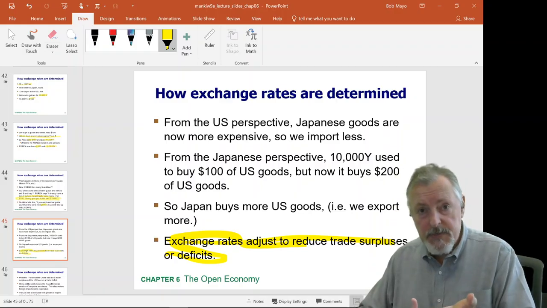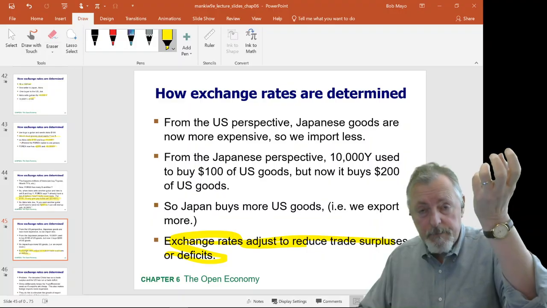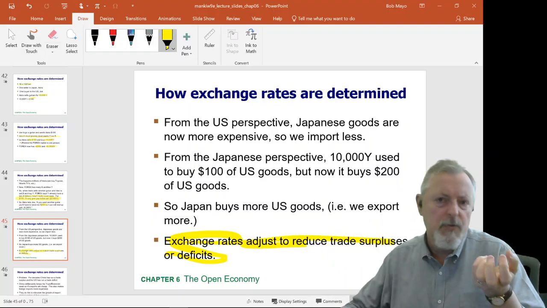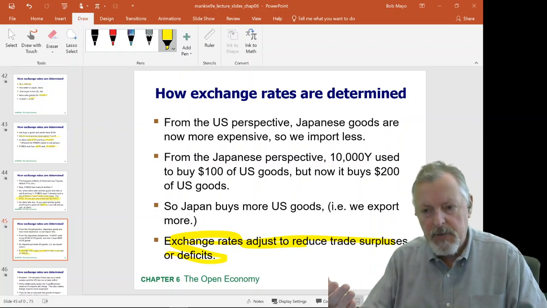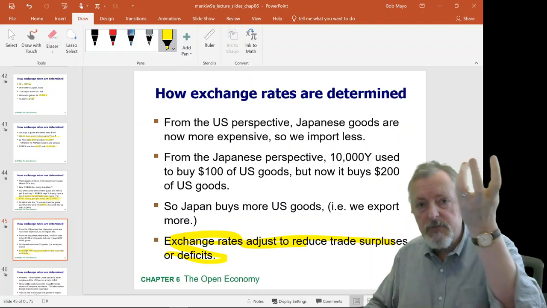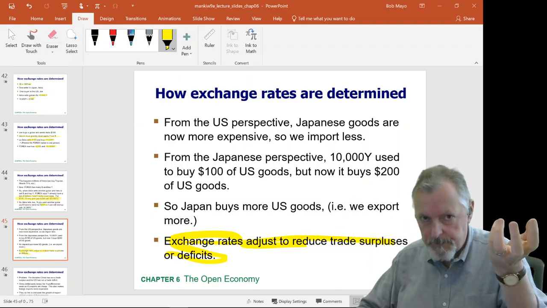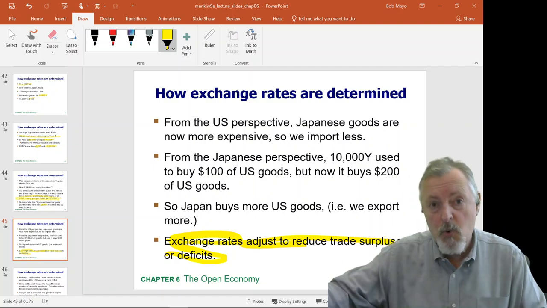If your domestic currency goes up in value, that will make your goods more expensive for other people to buy. But it will make their goods cheaper for you to buy. So your currency value goes up, net exports go down. Your value of your currency drops, you're going to export more.